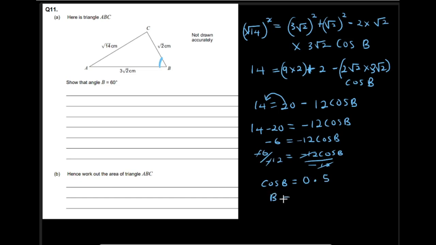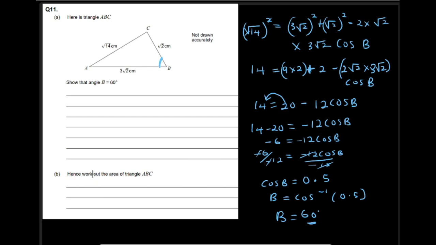So B is cos inverse of 0.5, which, if we use our calculator, is 60 degrees. So this is our answer, and this is the solution for the first part.